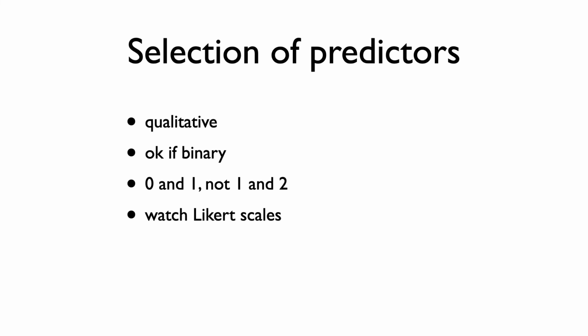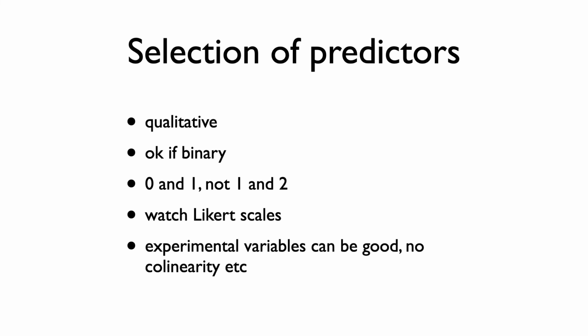I'd be really careful in using a Likert scale in a regression model. You can do it, but it better be very defensible that the differences between the intervals are the same size. And that's a hard thing to know. Okay, that make sense? All right.